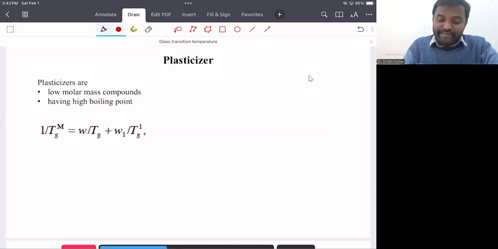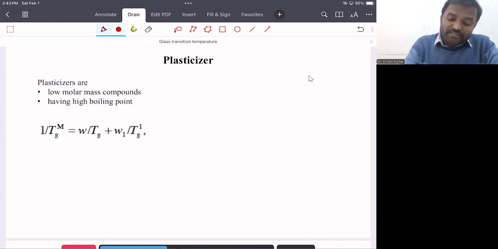Plasticizer is a very important parameter which can affect glass transition temperature. So now let's understand what a plasticizer is and how it affects glass transition temperature.